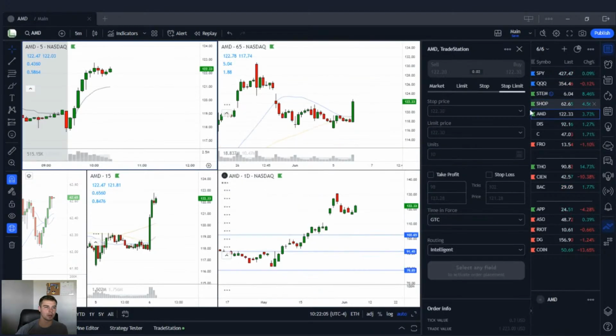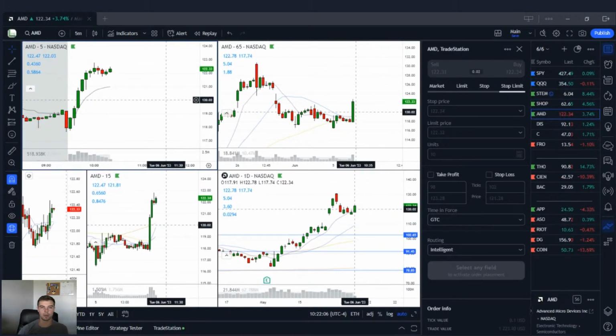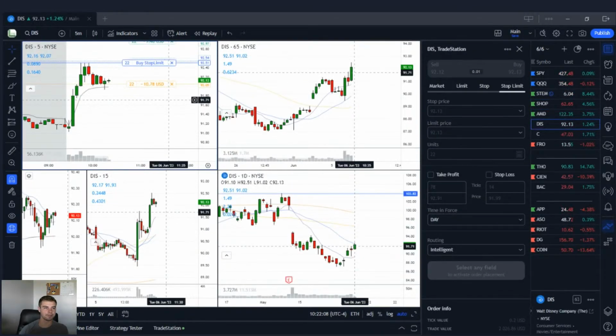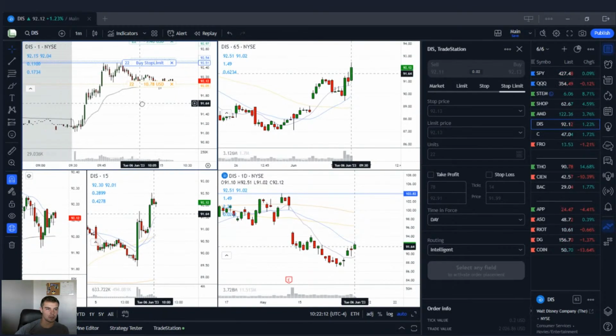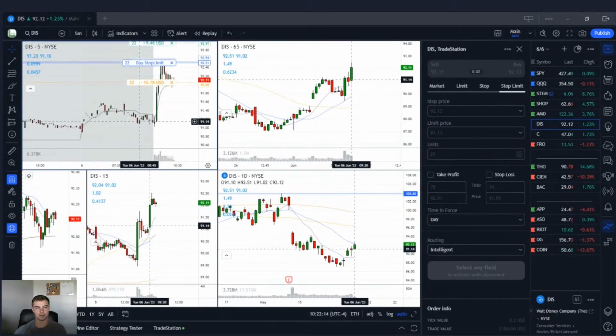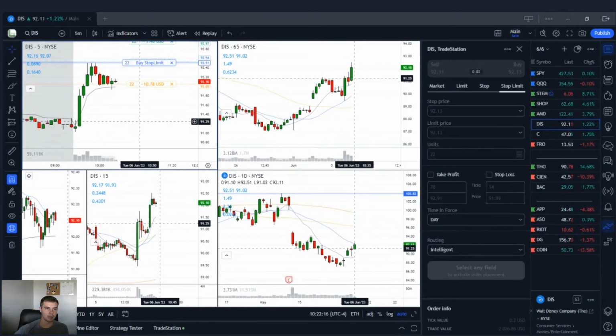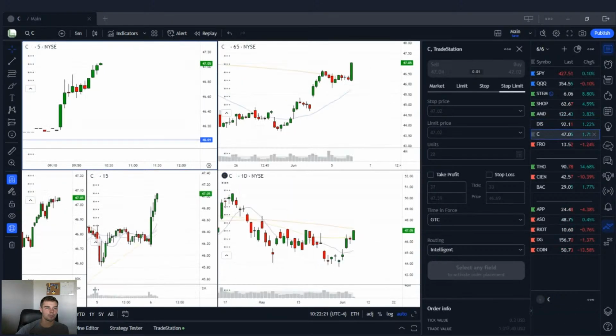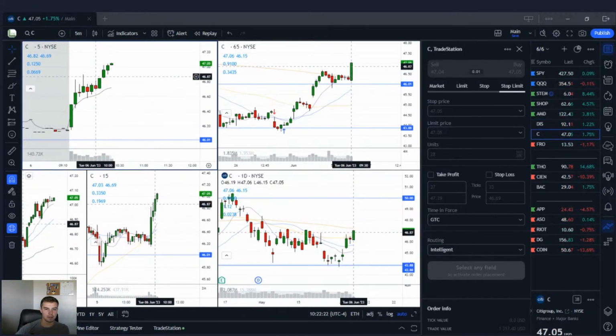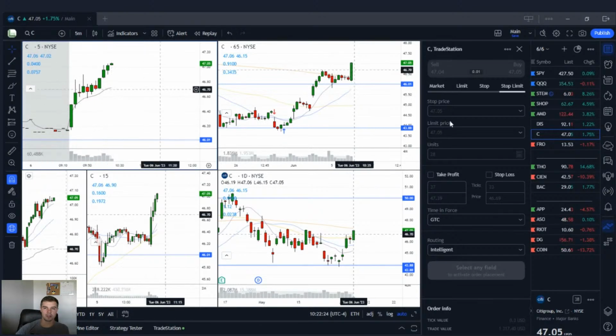Easy little 1R there. Didn't see much on AMD. That one would have been tough to find a good trade. Disney's off to a good start. Or not a good start, I mean, but it's still chopping around, kind of hanging out. Not doing anything wrong, really. Citigroup, there really wasn't much to trade.